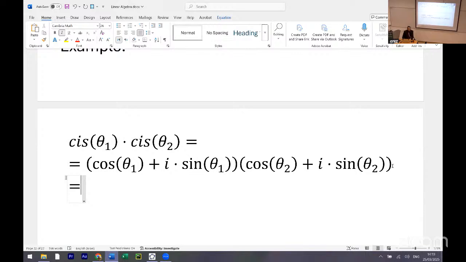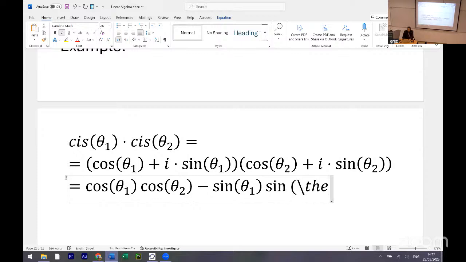The distributive law. So it's cosine of theta 1 times cosine of theta 2, right? Minus sine of theta 1 times sine of theta 2. Where did the minus come from? That's the i squared here, right?